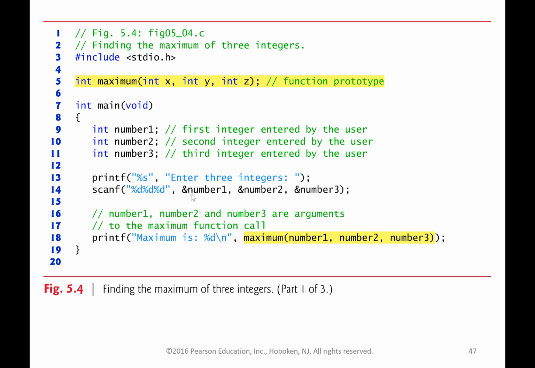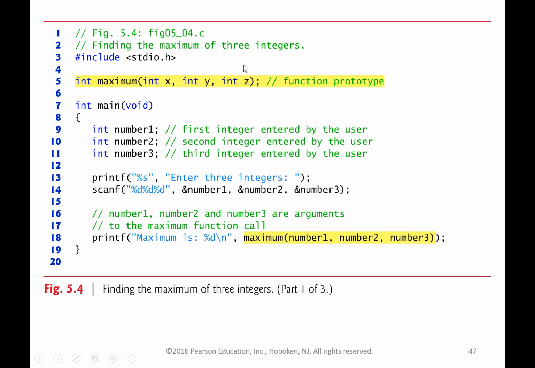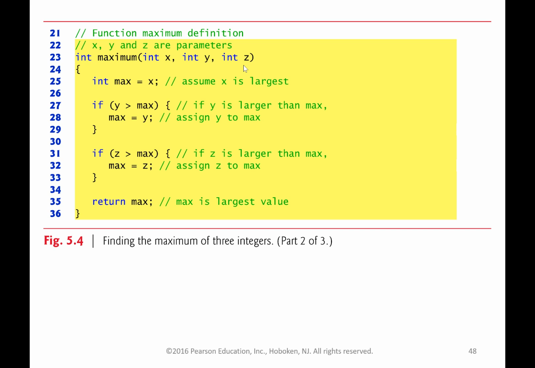So here we're passing to our function call maximum number 1, 2, and 3. Now maximum is defined as receiving 3 integers, just like in my earlier example. Notice that they're named number 1, 2, and 3 here, but in the function, they're named x, y, and z.